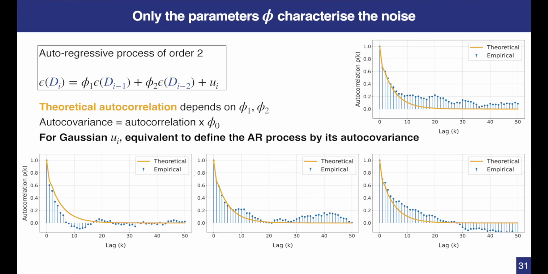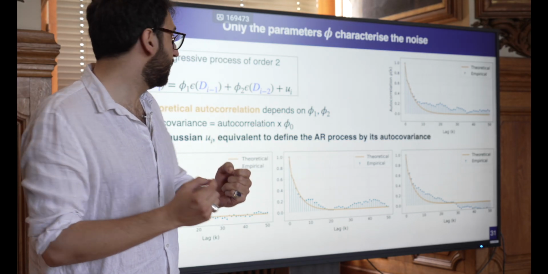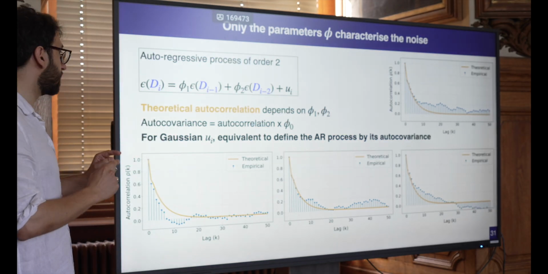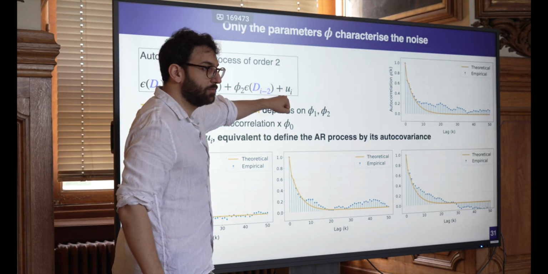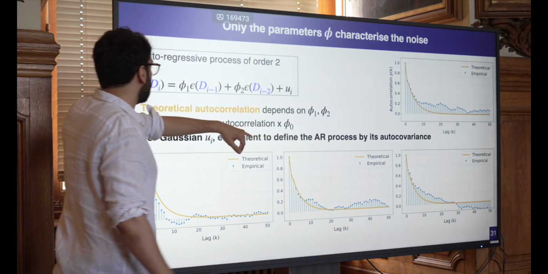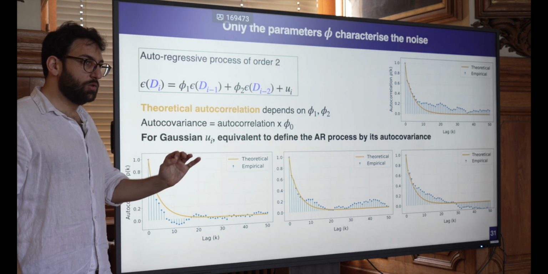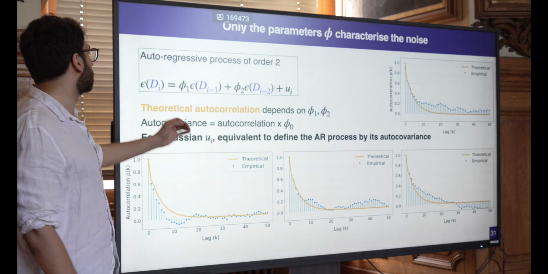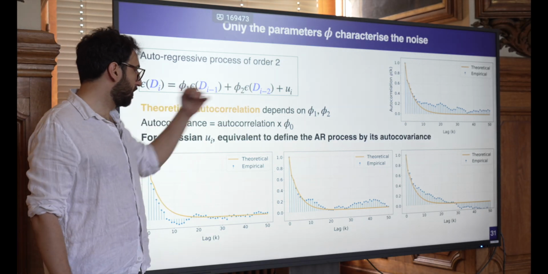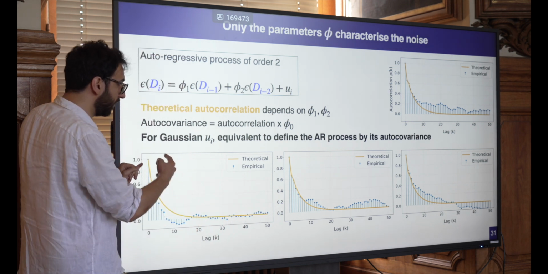And if you want to understand really what's in AstroGeoFit, a really important thing to understand is that it's completely equivalent, if this is a Gaussian innovation, so if it was a Laplacian innovation, it would be another story, to characterize your autoregressive process with these parameters or with this autocovariance function.